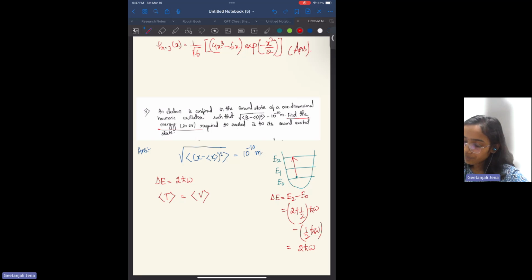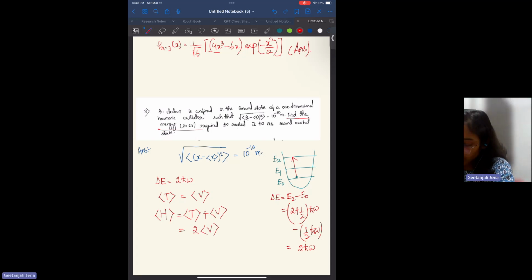Now, if I calculate the expectation of the Hamiltonian operator, it will be T plus V, and it will be nothing but 2 times V, right?